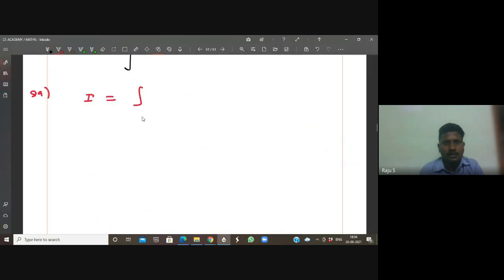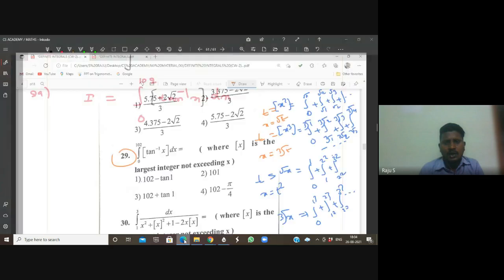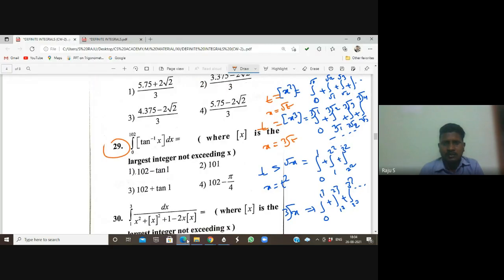I is equal to the integral from 0 to 1 or 2 of the greatest integer of tan inverse x, dx. Here also we can split the greatest integer function, the greatest integer not exceeding x.